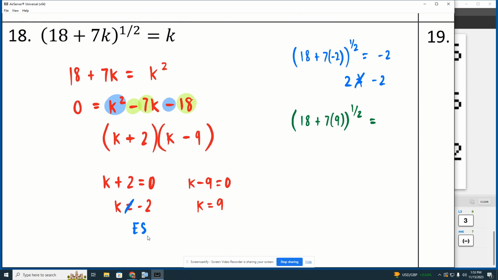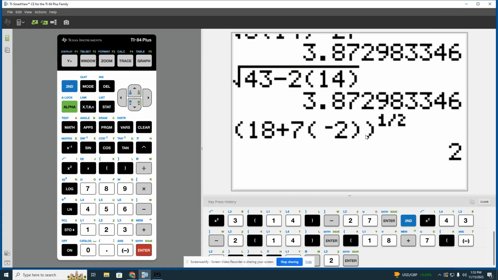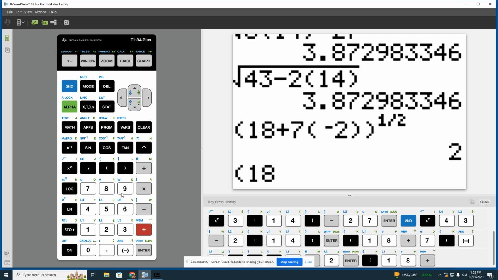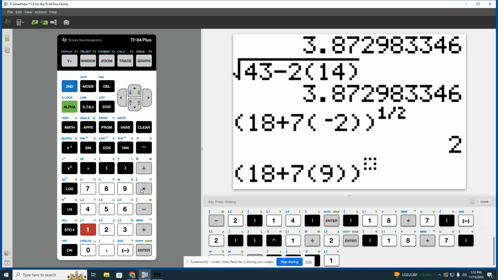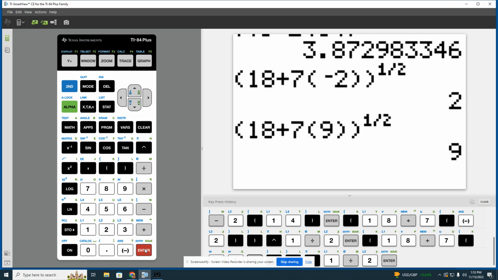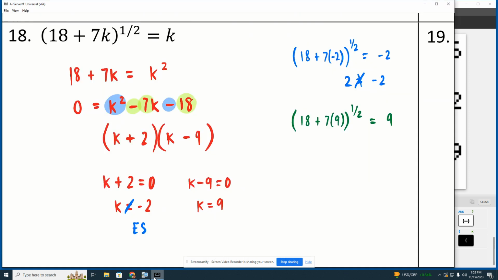Then we're going to see if that equals k, which in this case is 9. I get 9. So sure enough, 9 does equal 9. That one works, so therefore k equals 9.